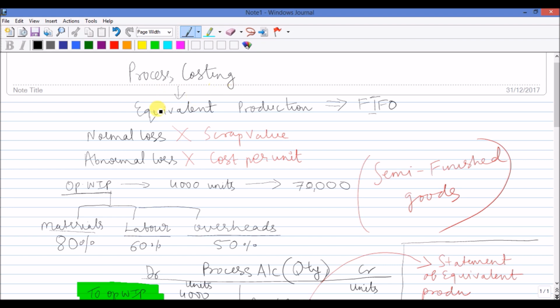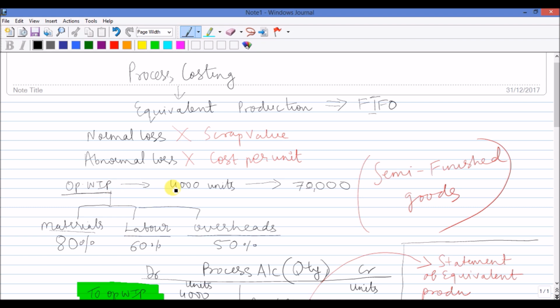So in process costing, we are going to prepare an equivalent production statement, and right now I'm going to explain the FIFO method. Friends, the normal loss is always multiplied by the scrap value, and the abnormal loss is always multiplied by the cost per unit. Then the opening work in progress may have 4,000 units, and the total cost incurred up till now is 70,000 rupees.